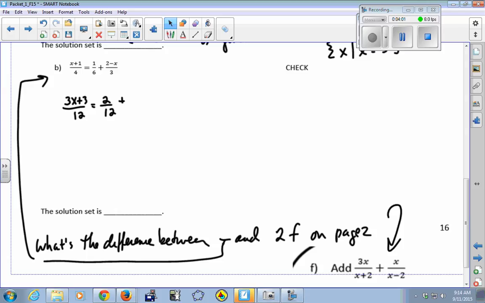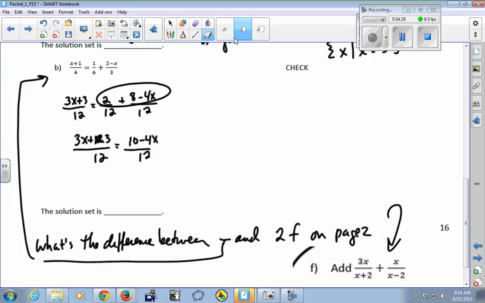And it always makes me feel so upset for you that you do all this work. Oops, sorry. I see this all the time, and then you even combine these numerators and get this. And then students stop cold there. They have no idea what to do with that. And that's one of the problems.